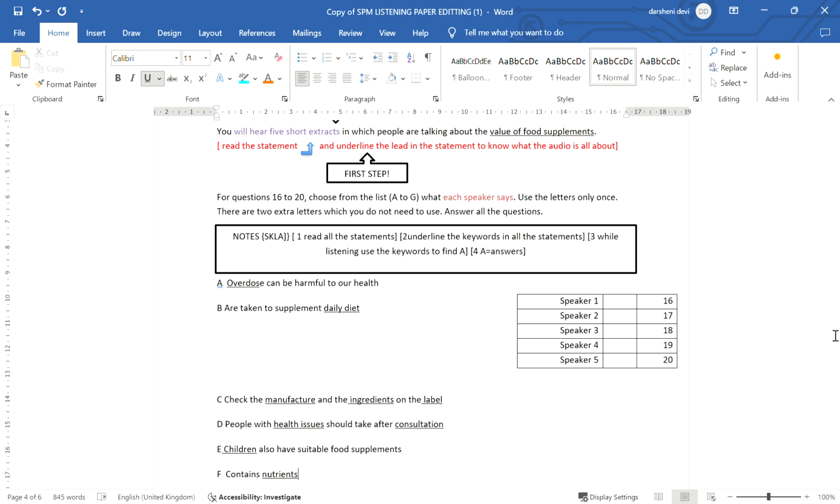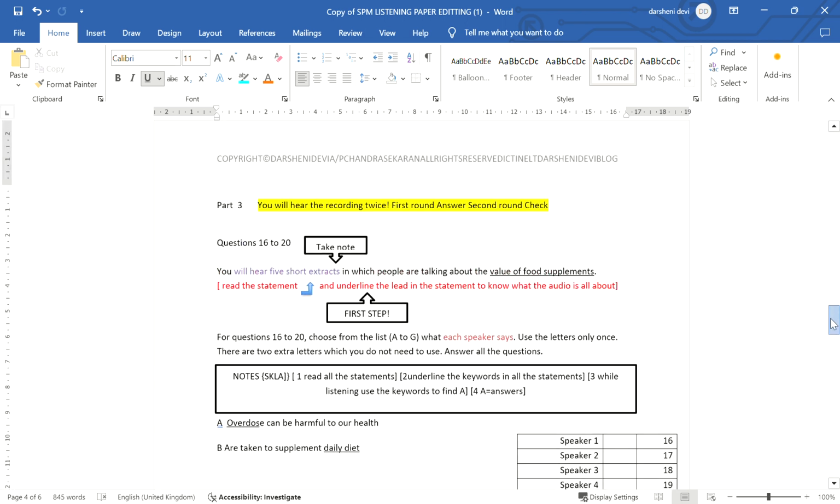Okay, do not rush through the audio. Follow the audio gradually. It will be very helpful, and these keywords that you have underlined in the statements can also be helpful for you to identify the respective speaker. Who says what? Okay, that is for part 3.